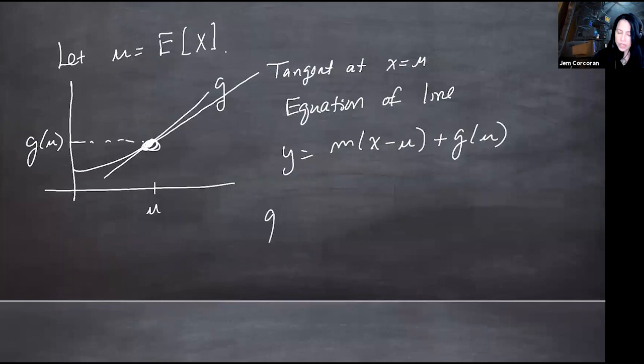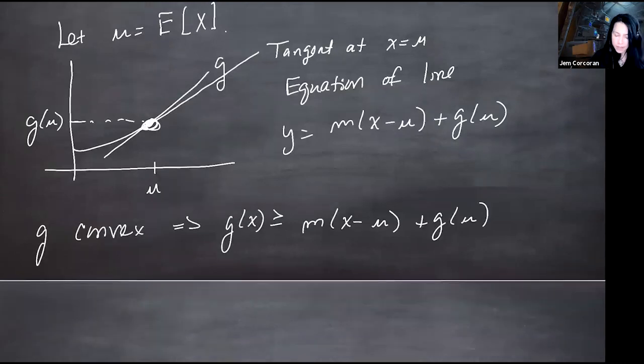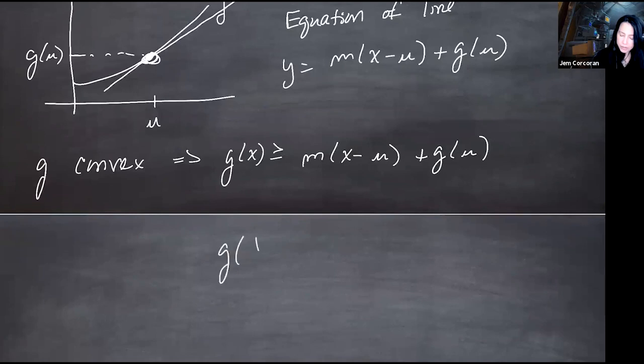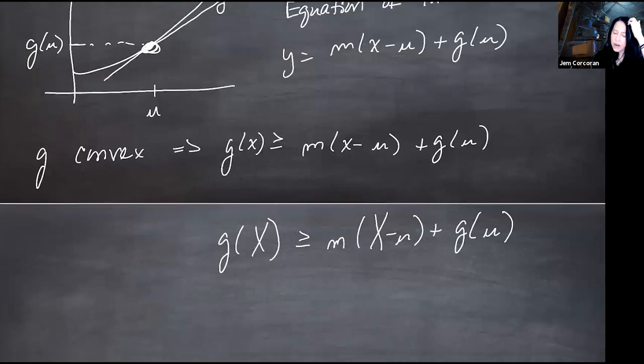So g is convex, and that means that g of x is always greater than or equal to that line. I'm going to put capital letters in here, and I'm going to take expectations across.